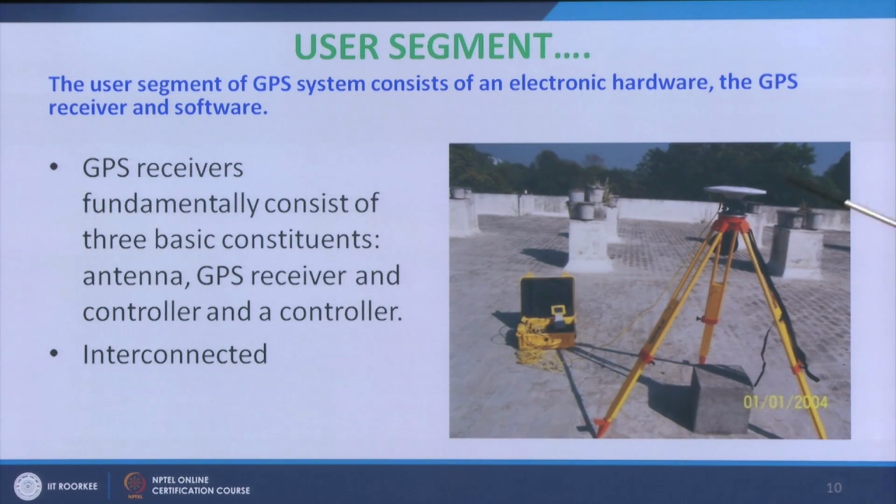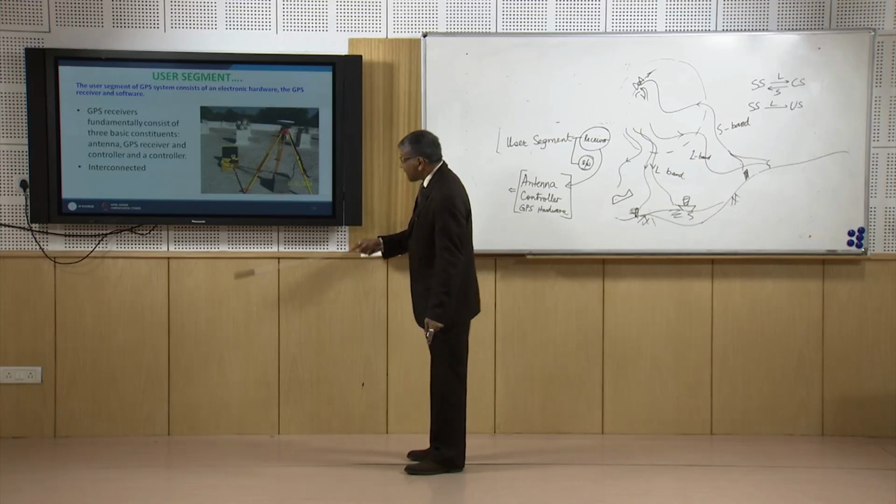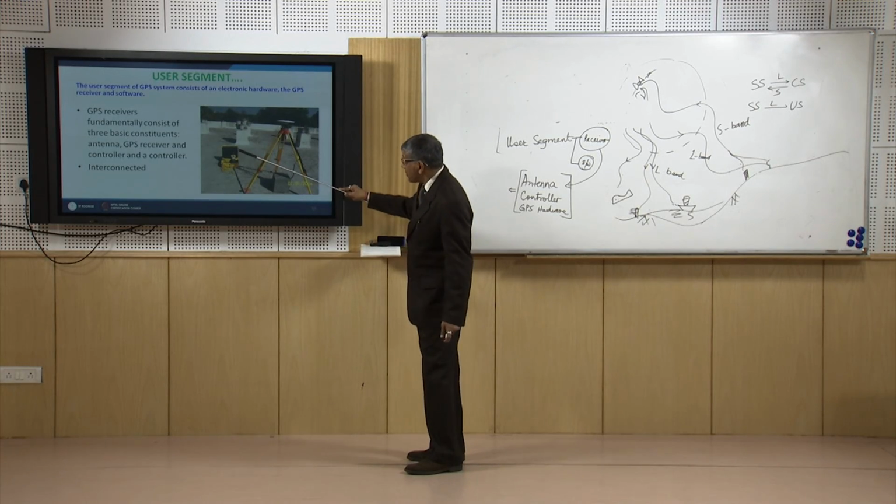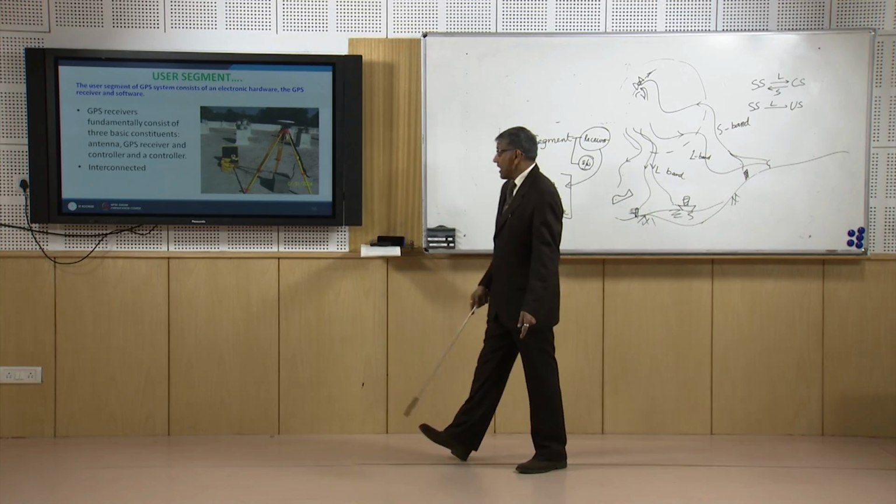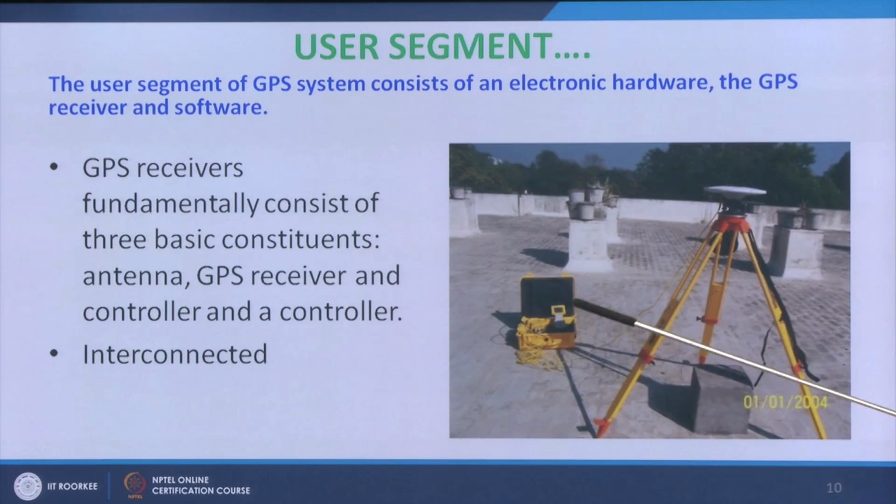Now the antenna will receive the data as per the guideline from the controller through the receiver, and the controller also has connectivity with the receiver, and the receiver also receives the signal from the antenna as per the instruction it gets from the controller.